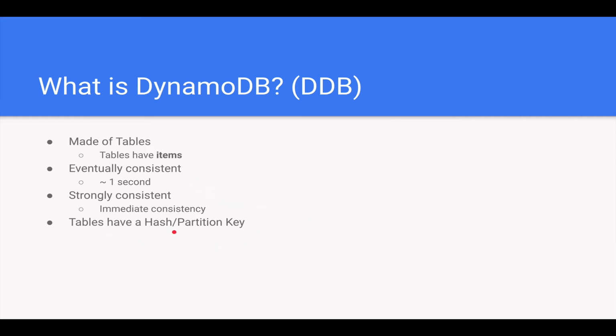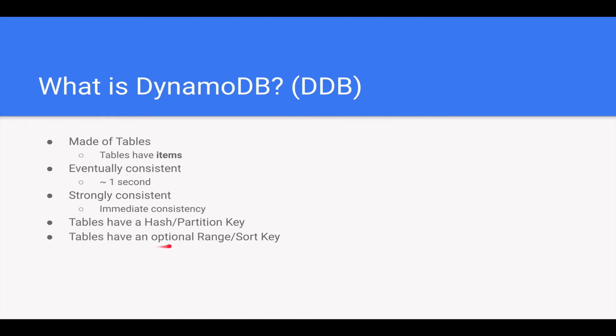Tables have a hash and a partition key. What this means is that the hash key, which used to be called a partition key, is very similar to a hash table, like you all have done in your data structures class. That's why it's called a hash key: DynamoDB is very similar to a hash table, and we'll get into why that is a little more later.